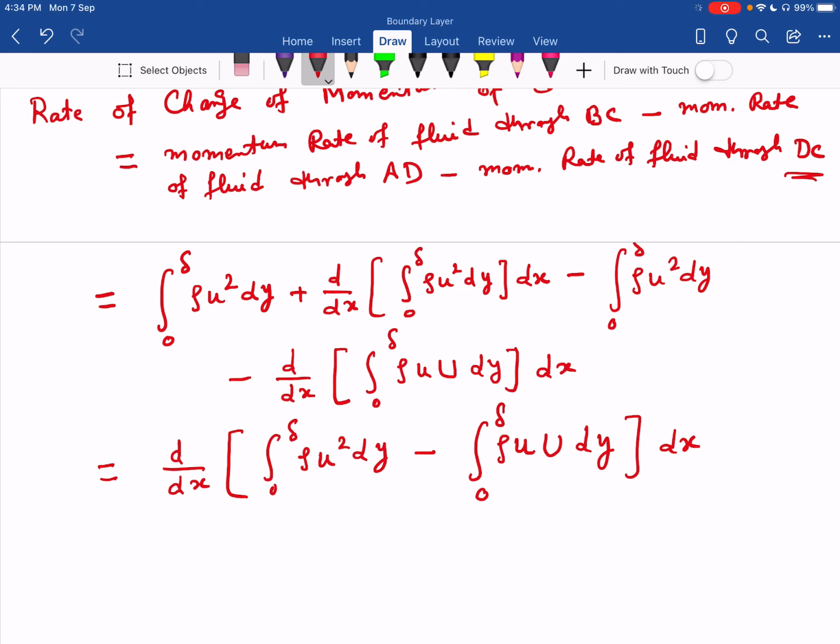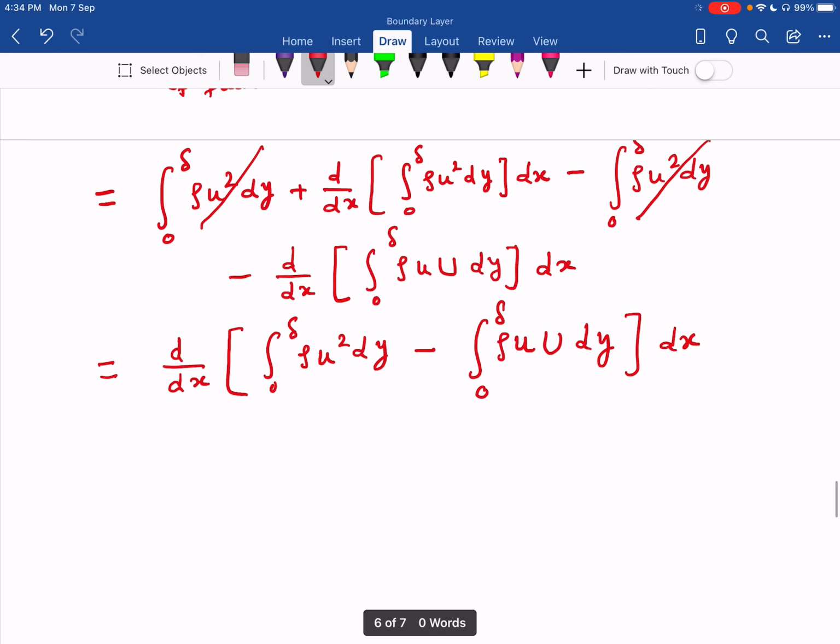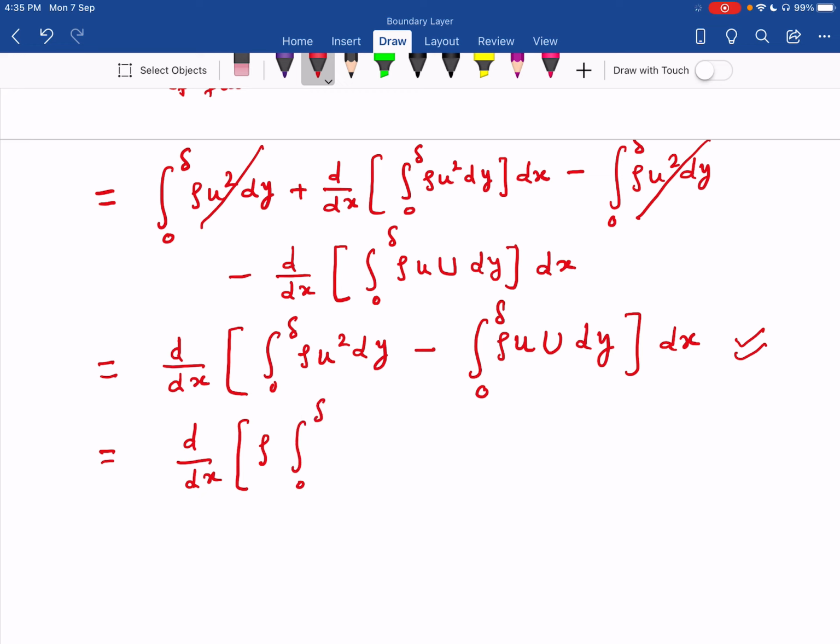You can see this term cancels with this, so now we are left with this term. Now take rho out. Within the integration 0 to delta, I have u square minus small u into capital U, into dy into dx.